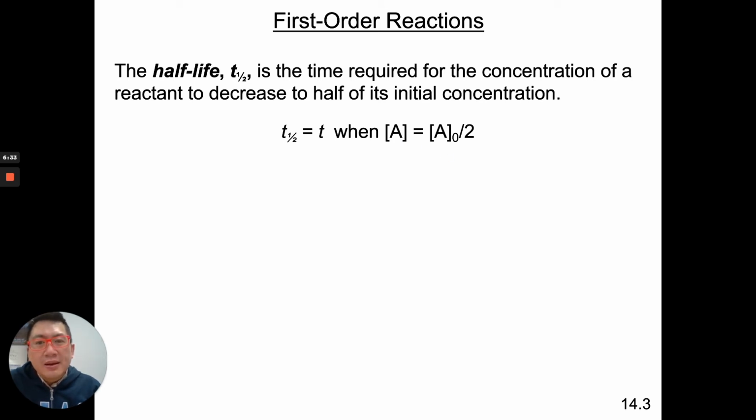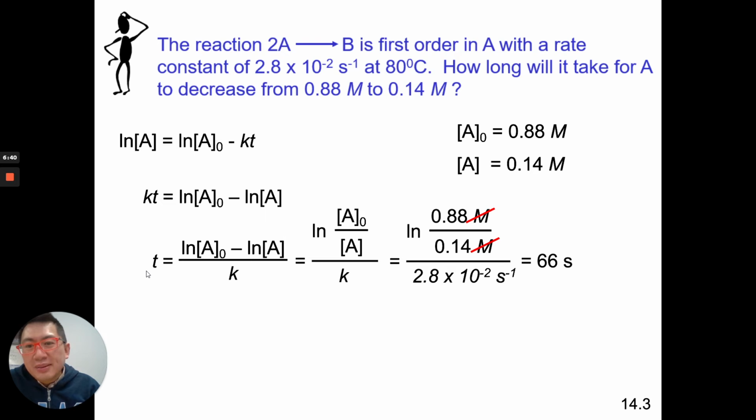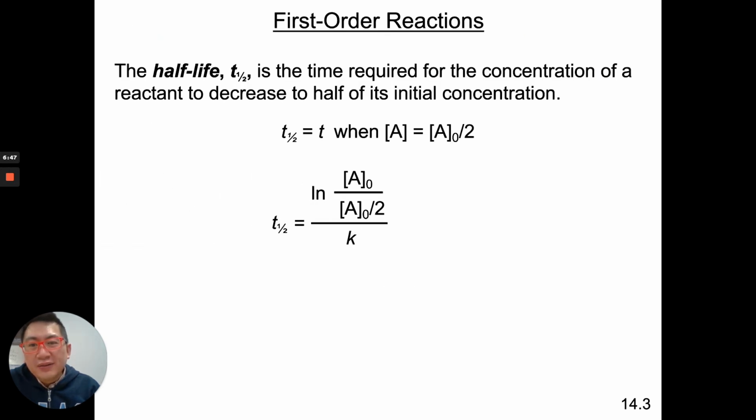Okay, now let's go back to that last equation. Remember the time: time is equal to natural log of A naught over A, all over K. Well, for half-life, it will be natural log of A naught over A, but A at half-life is A naught over 2, all over K. Notice A naught and A naught cancel out, or in other words, you have natural log of 2 over K, which is about 0.693.